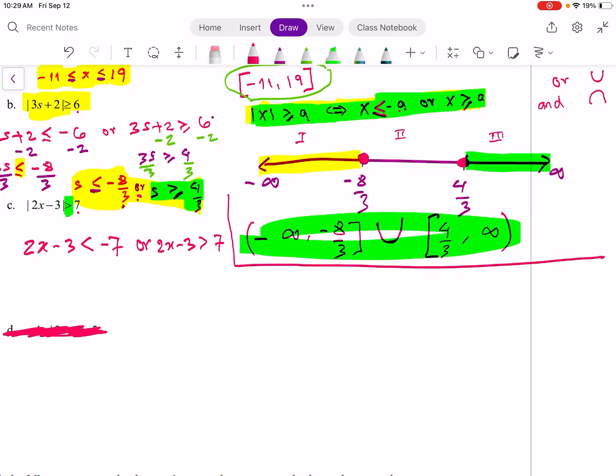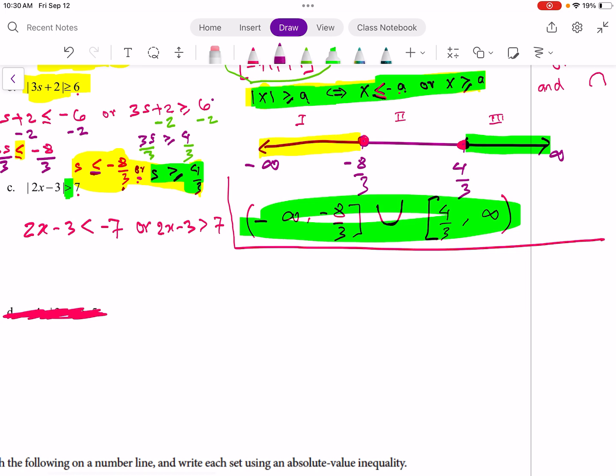Now let's solve each of these inequalities. You add 3 to get rid of 3. So we have 2x less than negative 4. Then you divide by 2. Our x is less than negative 2. Now let's solve the other inequality. You add 3. So we have 2x greater than 10.